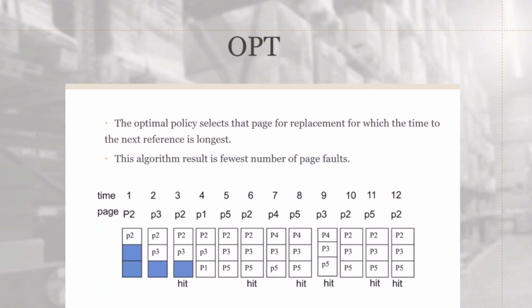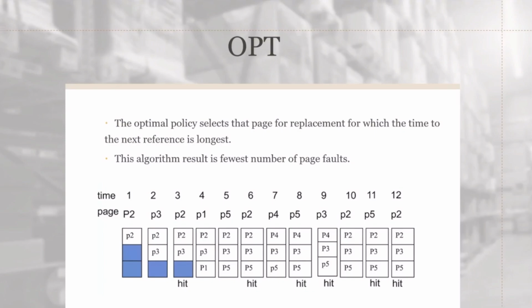The OPT algorithm is based on the idea of choosing the page that will not be needed for the longest time in the future. This algorithm requires knowledge of future memory references, which is not possible in practice, but it is used as a theoretical reference for evaluating the performance of other page replacement algorithms.